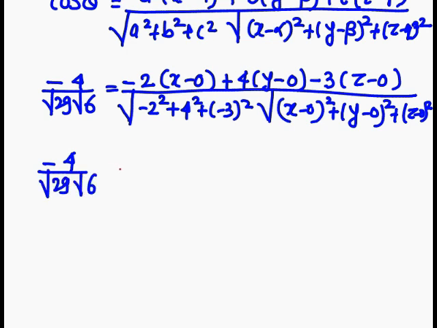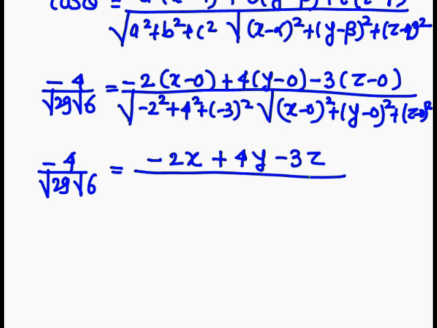Simplifying, we get minus 2x plus 4y minus 3z upon square root of 4 plus 16 plus 9, square root of x square plus y square plus z square.